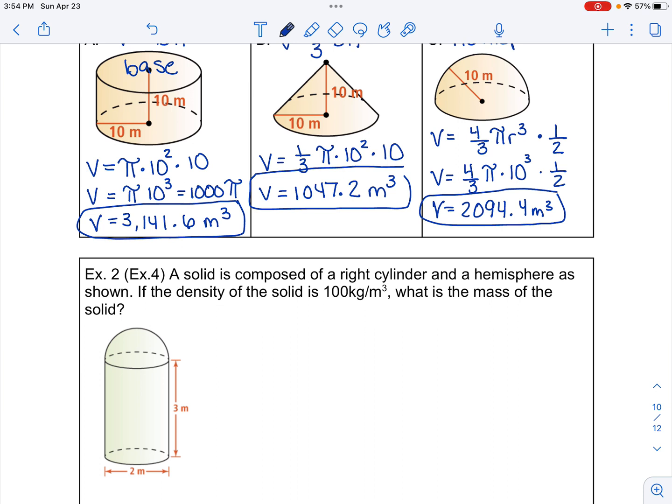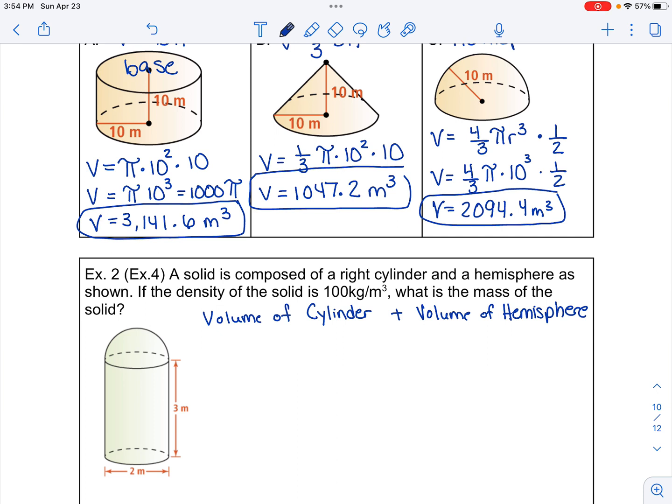So we need the volume of the cylinder, plus we need the volume of the hemisphere. So I'm writing out the words just so you can understand what all my work I'm writing down here is.